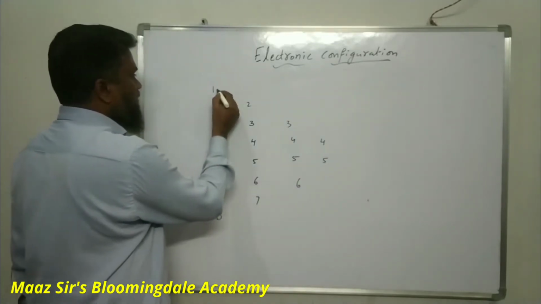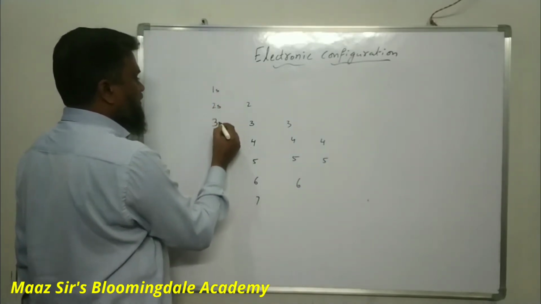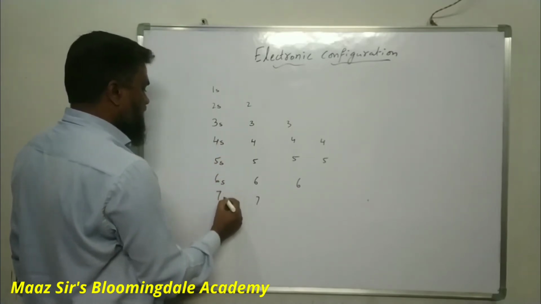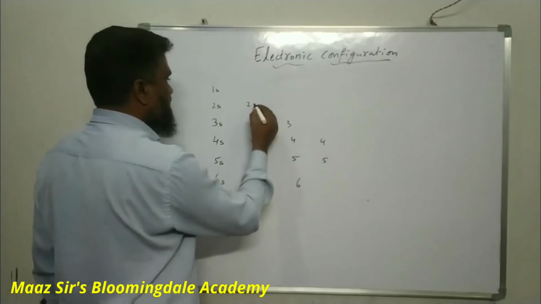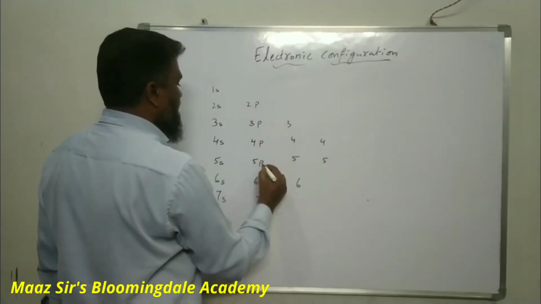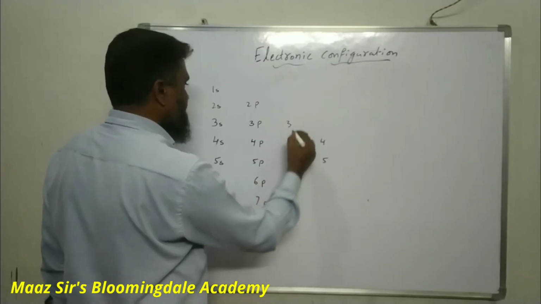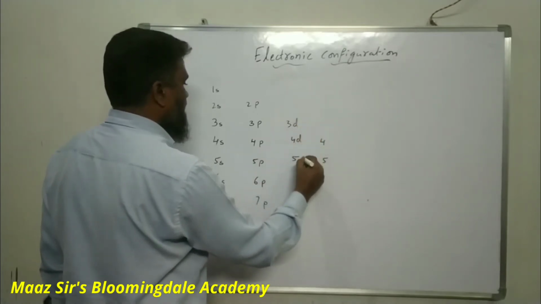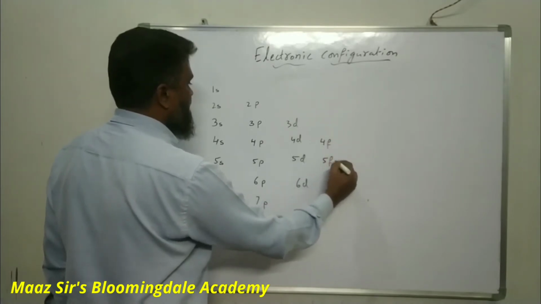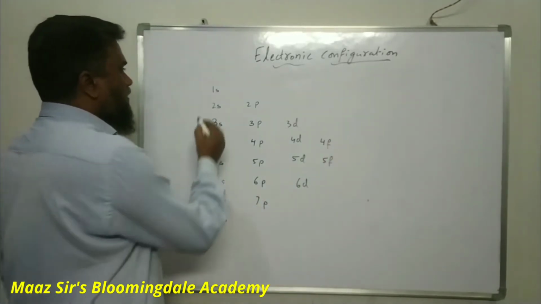So this is 1s, 2s, 3s, 4s, 5s, 6s, 7s, 8s, 2p, 3p, 4p, 5p, D. After that you will have F.